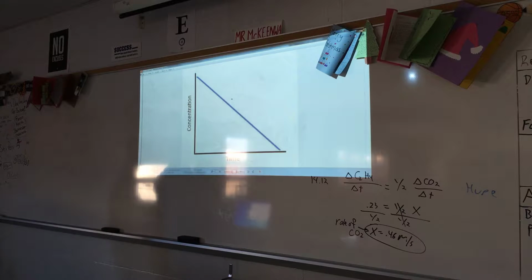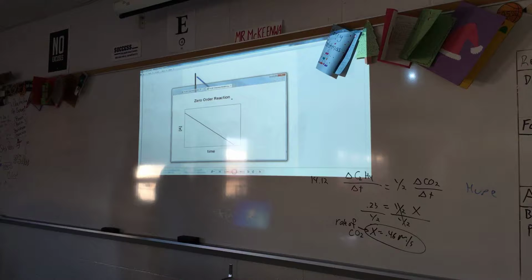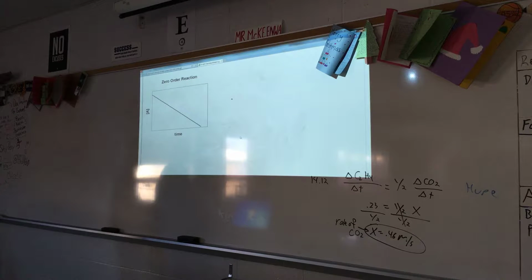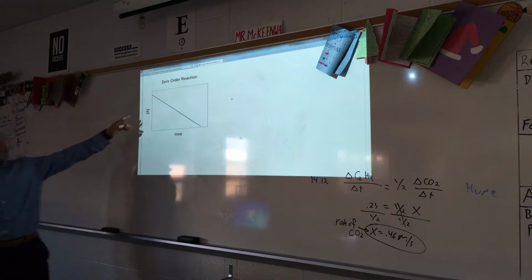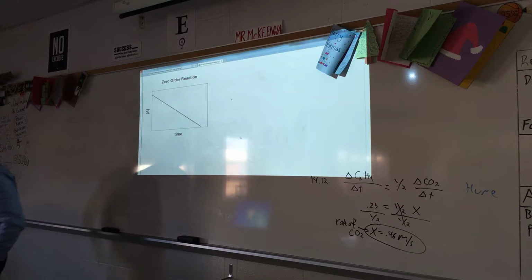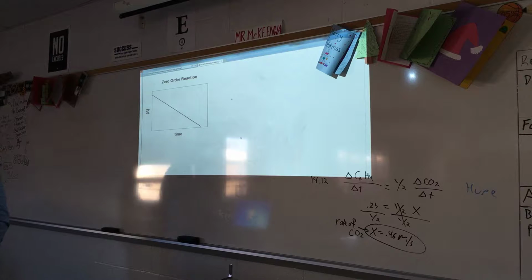Here, maybe I'll show you this one. I'll give you a different one, which is kind of the same thing. Concentration of A versus time. Was that A didn't affect it?